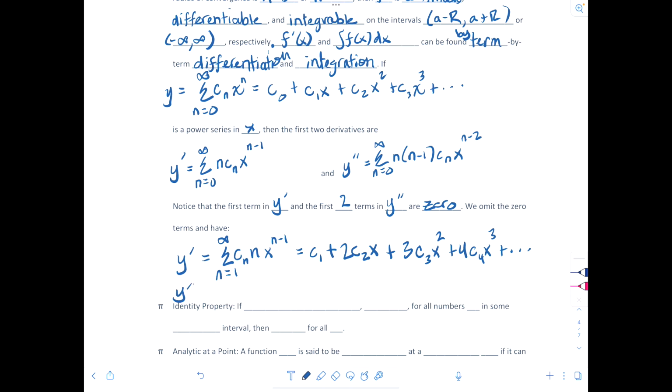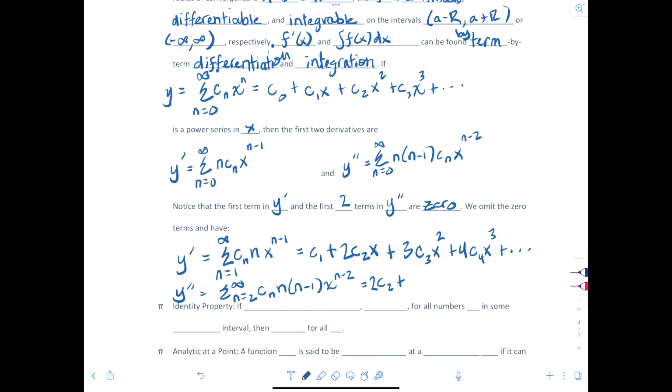And y double prime is going to be the summation as n goes from 2 to infinity of c sub n times n times n minus 1 times x to the n minus 2, which will be, and then when n is 3, we'll have c3, n would be 3, and then n minus 1 would be 2.